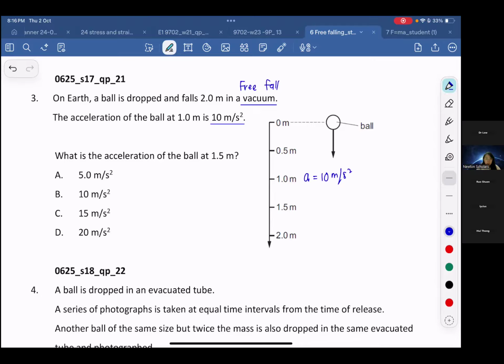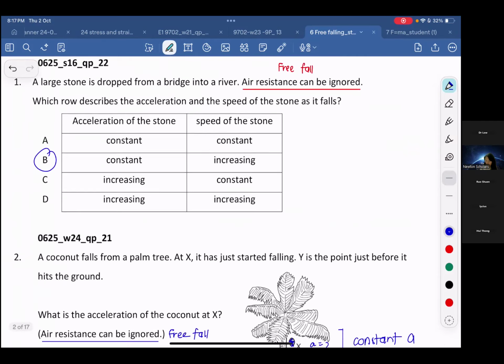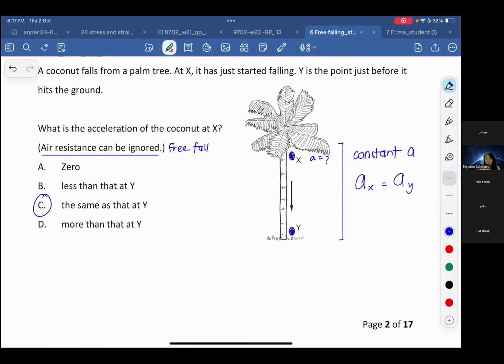Okay, from Megan, correct, the answer is correct. How about Hui Tong? I want to know about Hui Tong. Acceleration here, what do you think? You can refer back to the question just now.